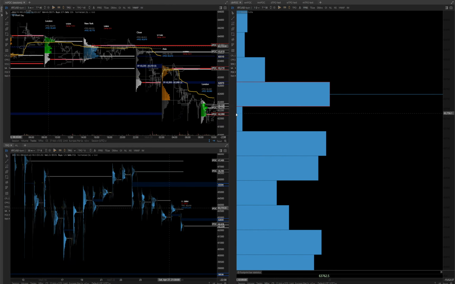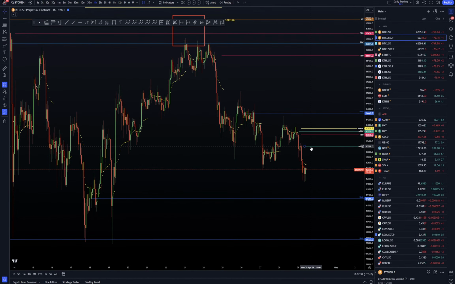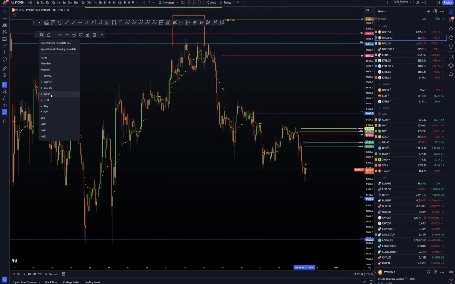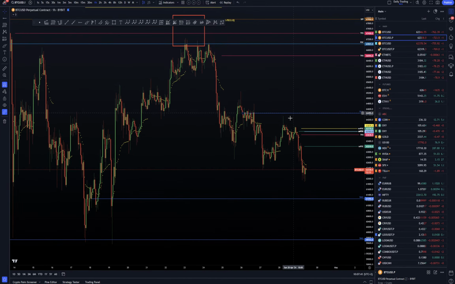Well, we have many levels there, but it's too close to the current price action. So here is 63,763. All right, so I'm gonna remove that one.